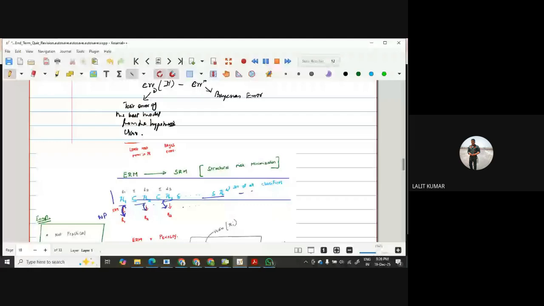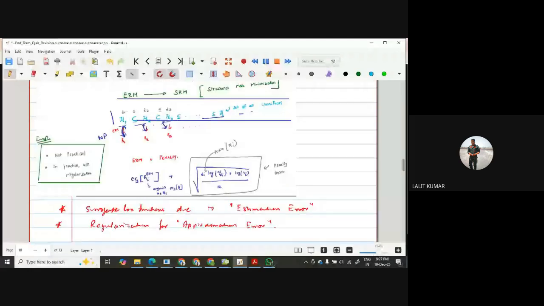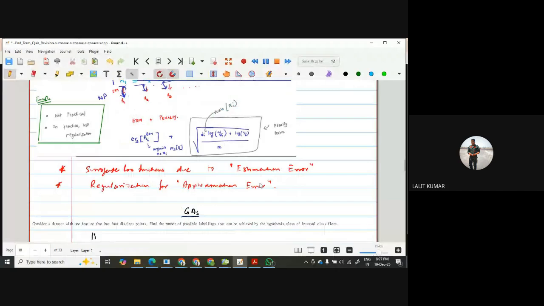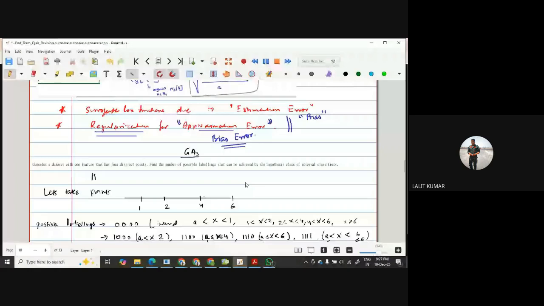From there comes regularization. What we are doing in regularization is decreasing the bias, because this approximation error is also known as bias error. So we add the regularization factor, due to which this approximation error becomes less.